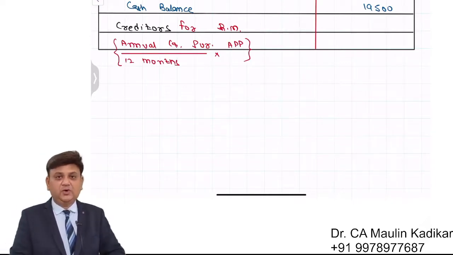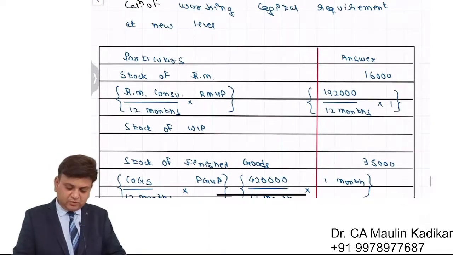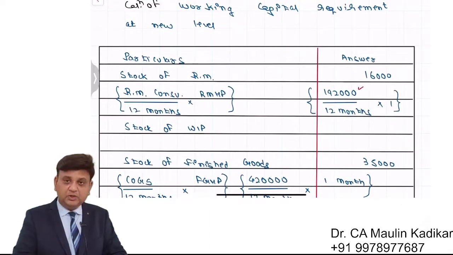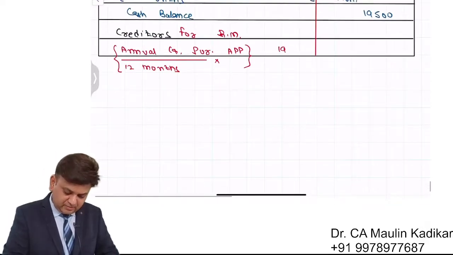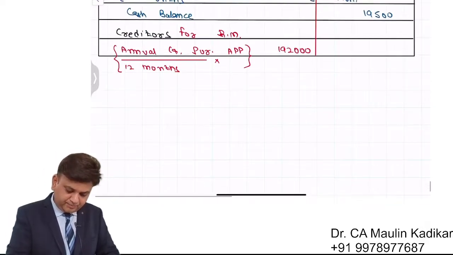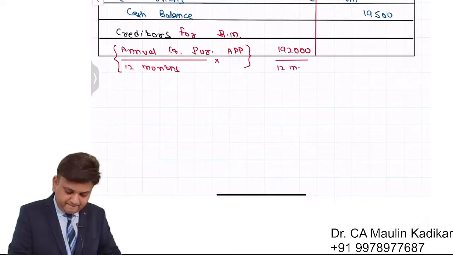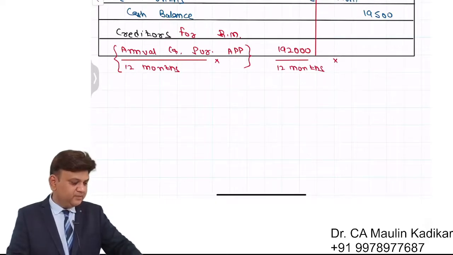Dear students, for an ongoing company, we'll assume that the opening and closing stock are the same. So the consumption itself is the purchase, 1,92,000 divided by 12 months into average payment period, provided as 3 months.